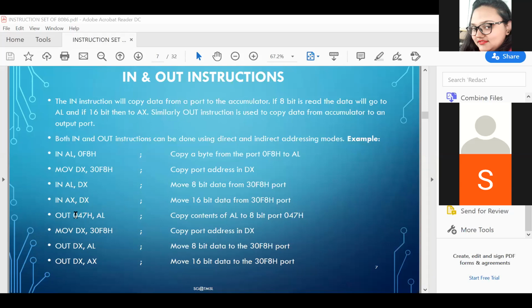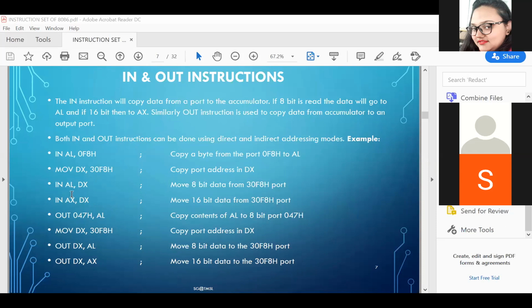Suppose here 10 is there, result 10, you need to display it on a 7-segment display, or some LCD. Now that LCD is connected through this port address, through which that result should be written inside this address, and using this address the result will be displayed on the LCD display.